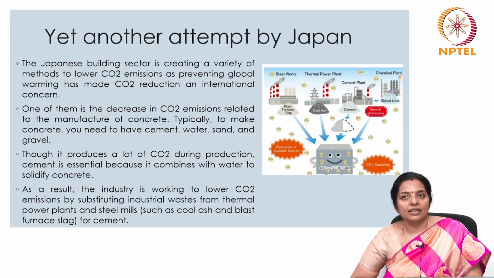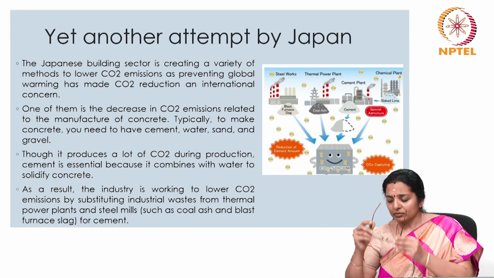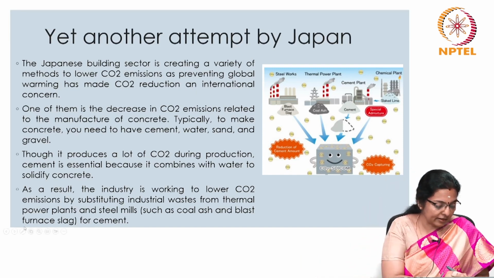As a result, the industry is working to lower carbon dioxide emissions by substituting industrial waste from thermal power plants and steel mills, such as coal ash and blast furnace slag, for cement. So, you can see the benefit of using this innovative material.